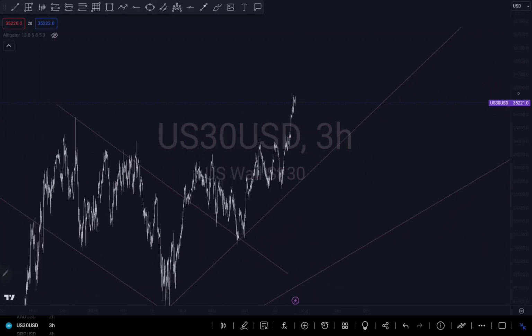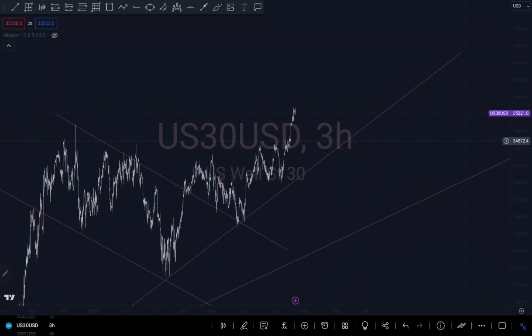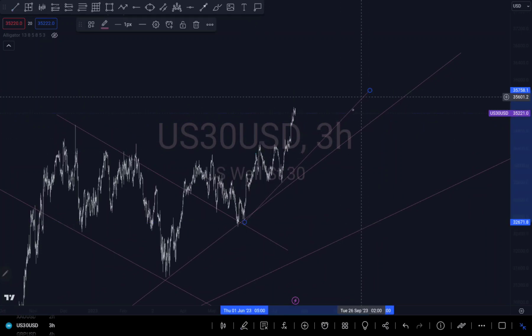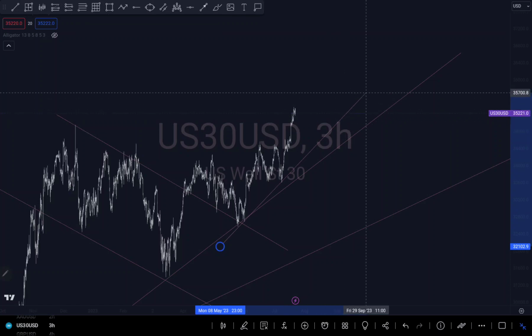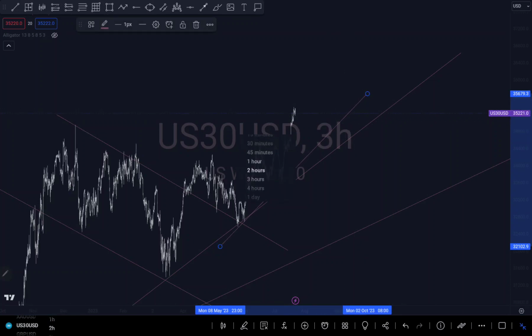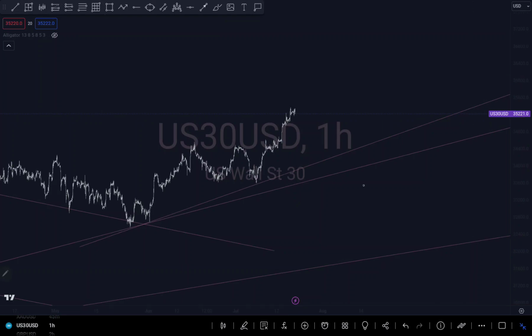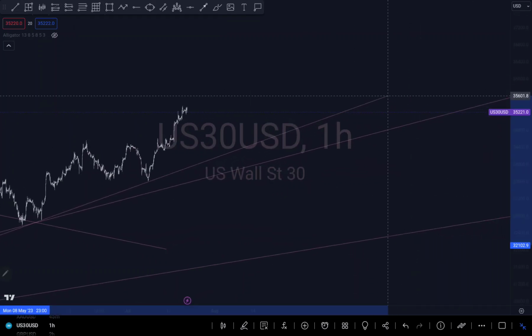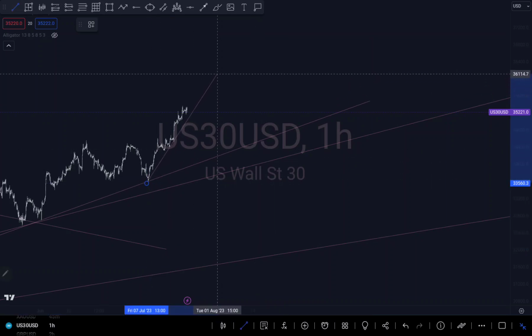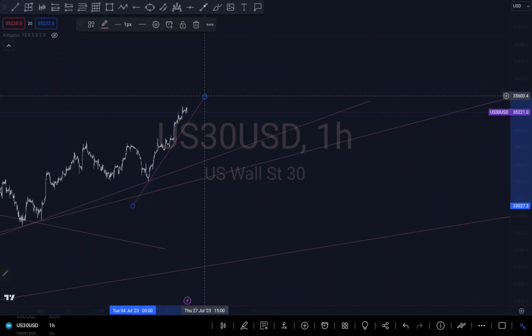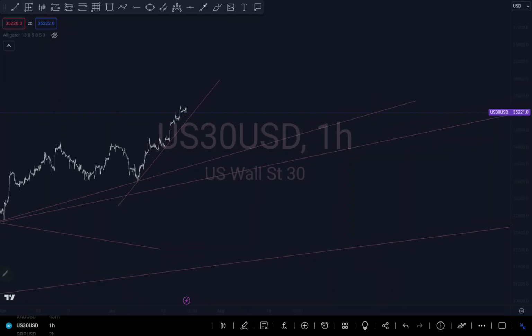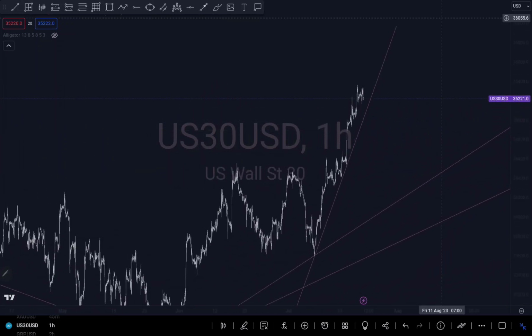I can still draw a trend line from here to here. So this is the 1 hour currently, and from here to here you can still draw a trend line, just to see.